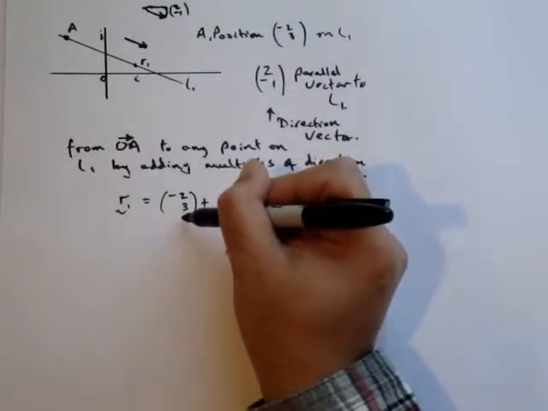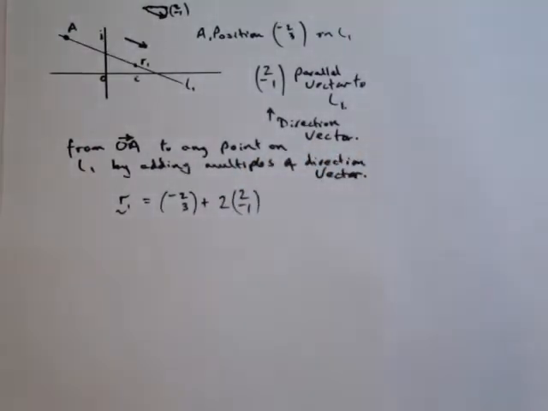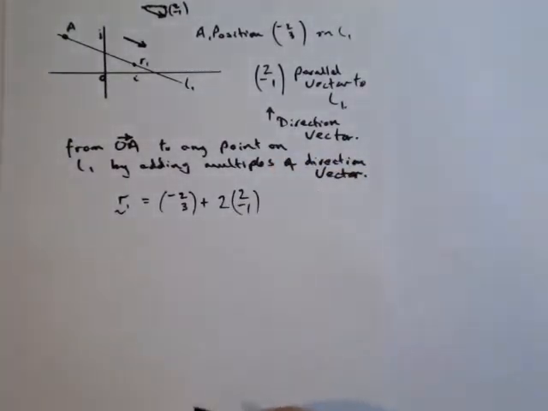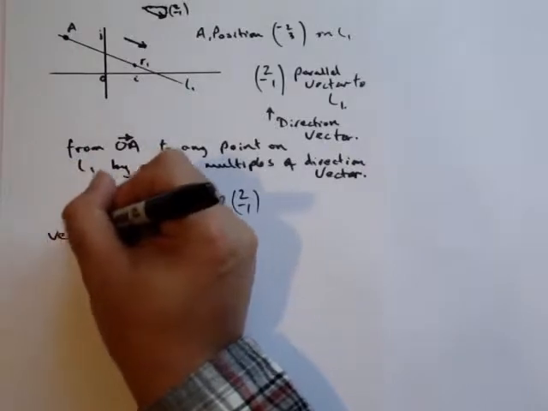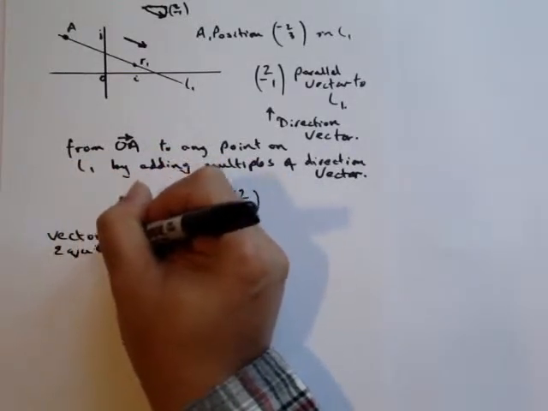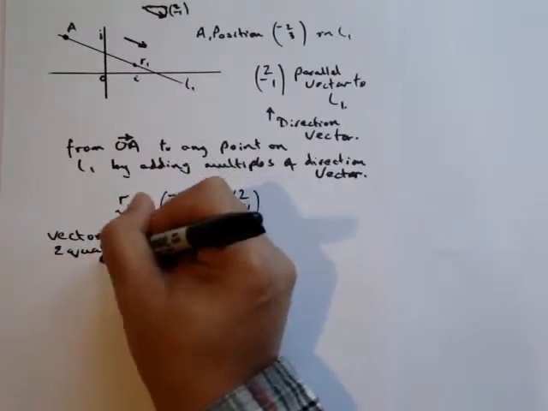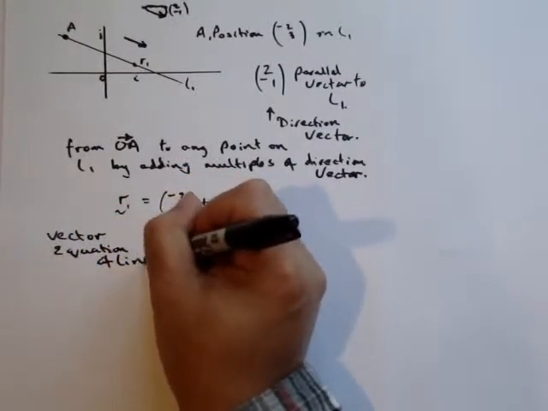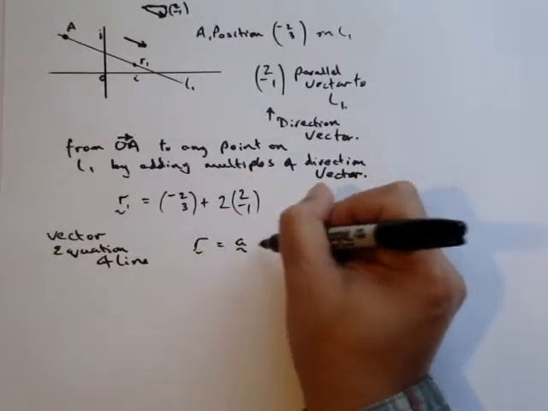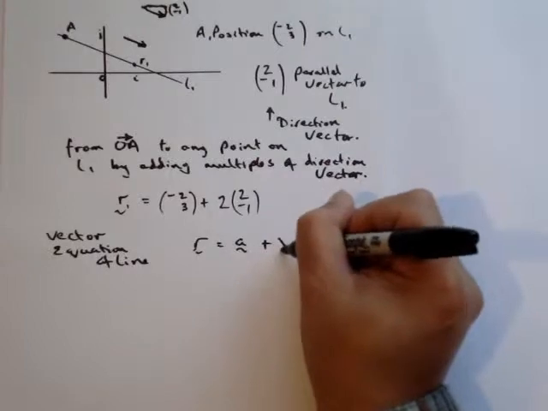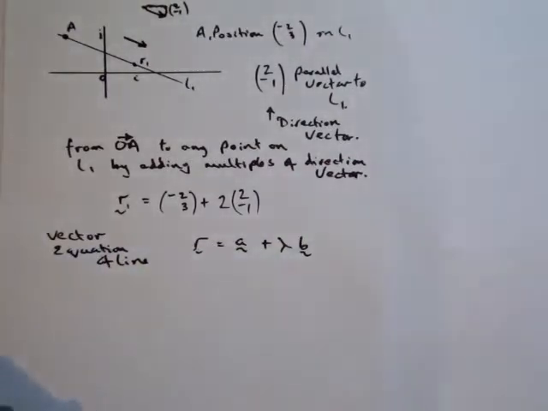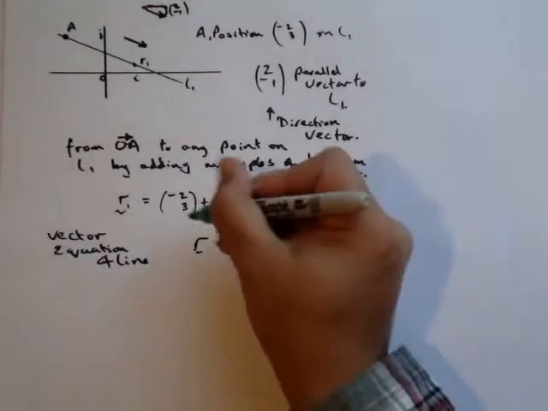So this is the position vector and this is the direction vector, and this is a parameter. So this gives us the vector equation of a line, and that says that r is a plus lambda, or sometimes it's mu, b, and that's the vector equation of the line.